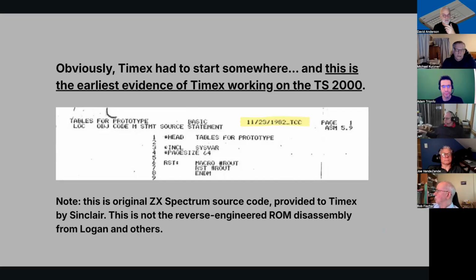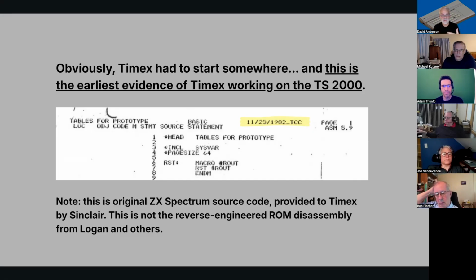This looks like it comes from a Zilog product called a microprocessor development system, this big blue box with 8-inch disk drives in it and a bunch of cards. Zilog sold these things, Intel sold these things, Motorola sold them, to companies like Timex who are going to develop some sort of product based on their processor.